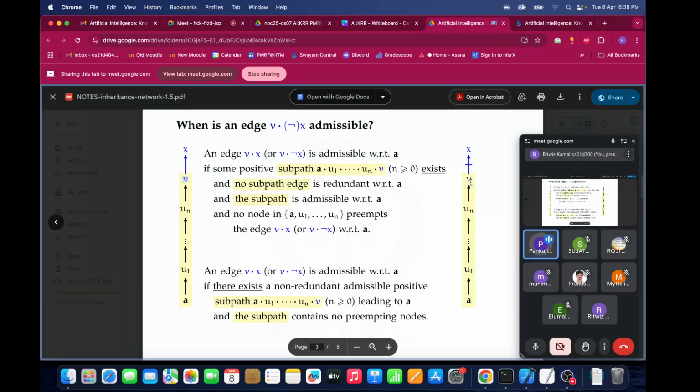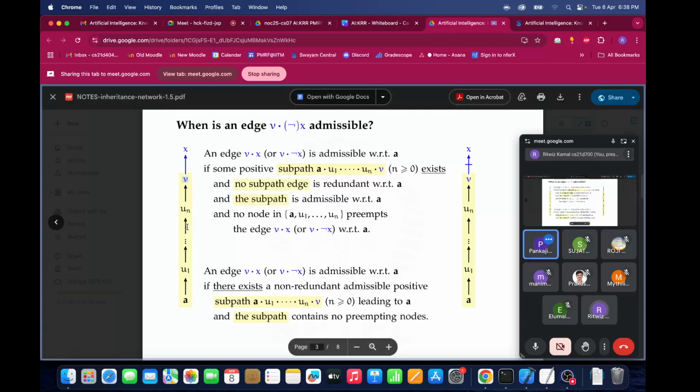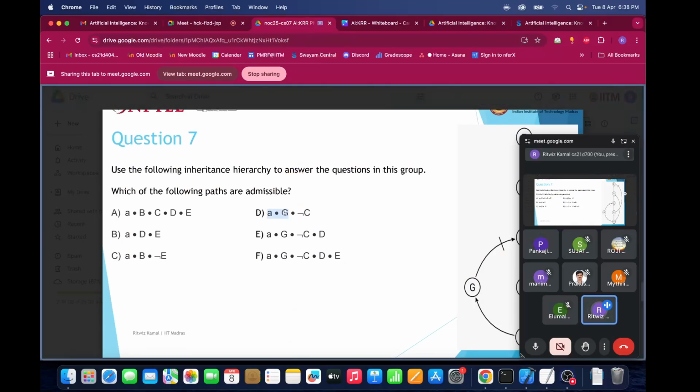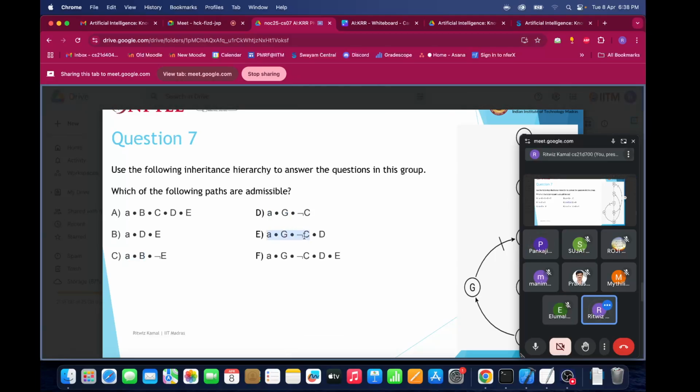B to X may be negative, but A to B must be positive, because that is the subpath that we are concerned with in this condition. That is what is differentiating options C and D from options E and F. So here the subpath is A to G and that is positive. Here it's A to B and that is positive. But here the subpath itself is negative, A to G to not C.